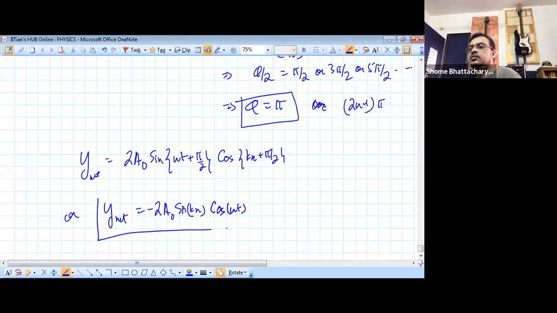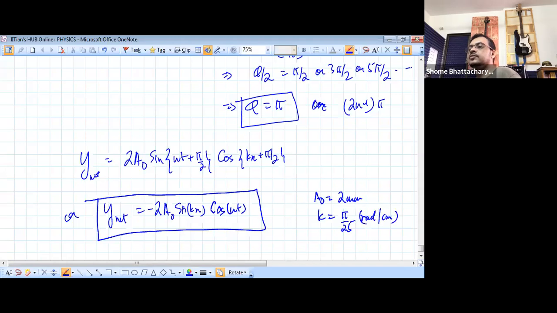Write the net equation like this, where A naught is equal to 2 millimeters, k is equal to pi by 25 radians per centimeter, and omega is equal to 200 pi radians per second. So that is this part done.